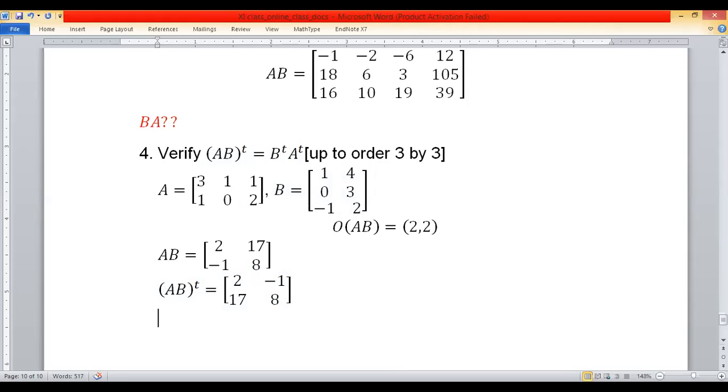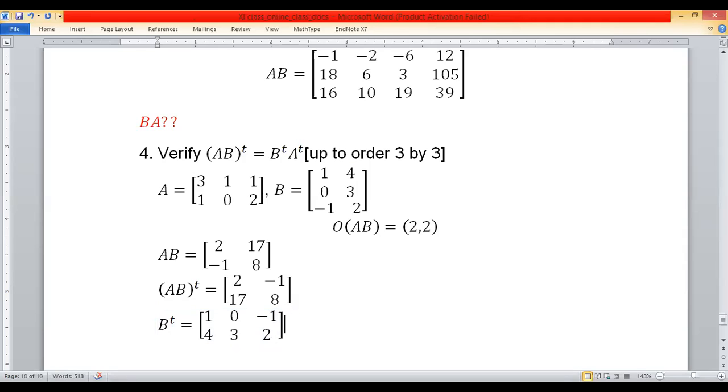Transpose of B would be, okay, this is 3 by 2, so it would be 2 by 3. Write down: there would be 1 4, 0 3 and minus 1 2.